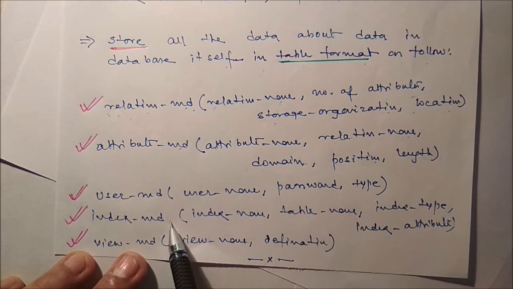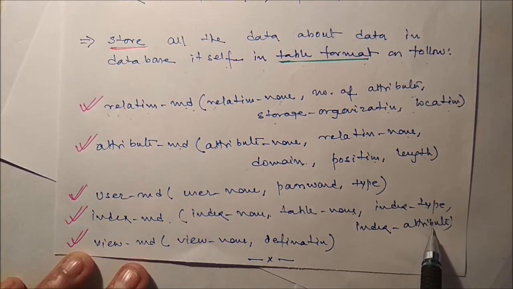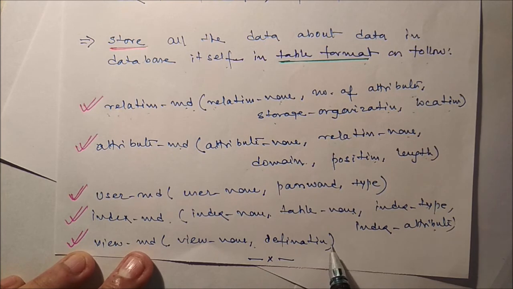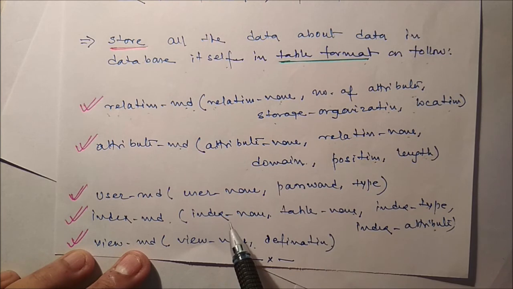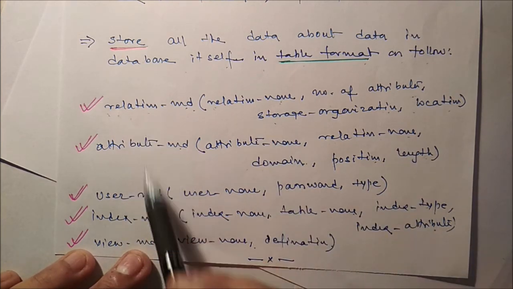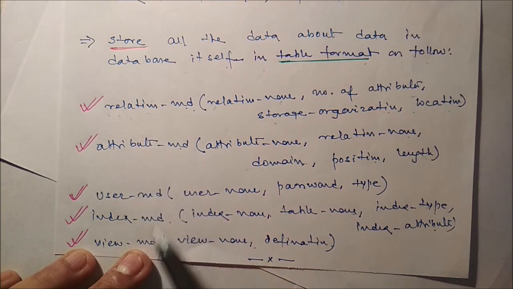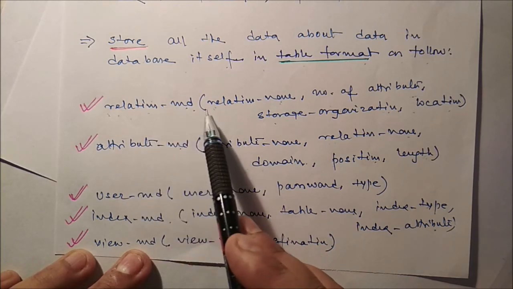Index metadata has index name, table name, index type, and index attribute. Finally, view metadata has view name and view definition. So in this way, in table format, we store data about the data, and all of these are tables. That means we have to store the information about all these tables in the same tables, recursively.